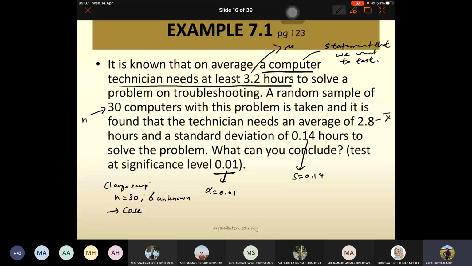That means dia akan follow Z distribution. So awak akan ada Z test. Z akan sama dengan X bar minus mu over S per root N. Okay. So, list down all the information as yang saya listkan dekat dalam slide. So, boleh salin dulu.